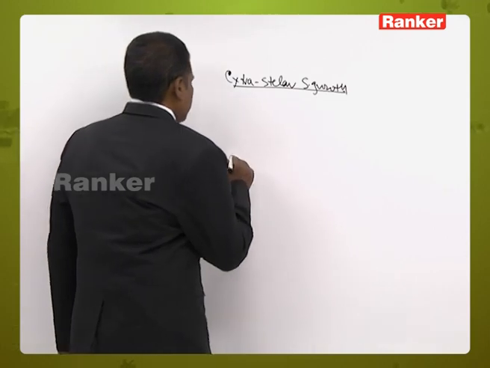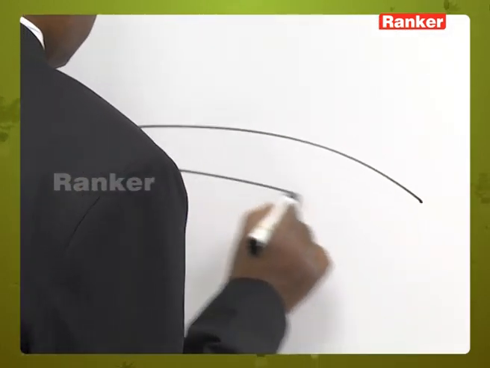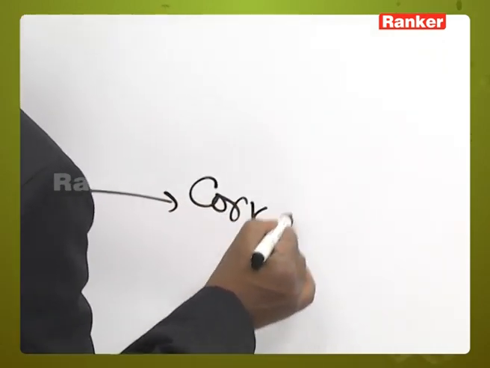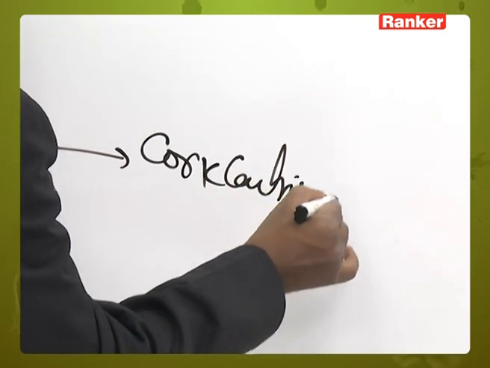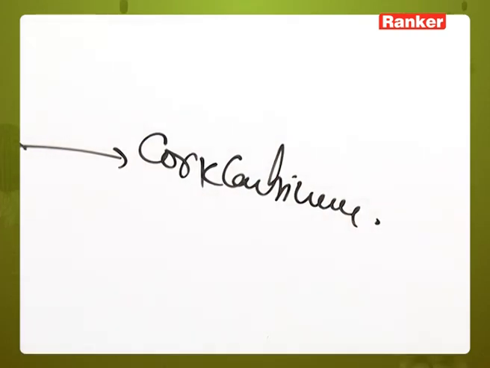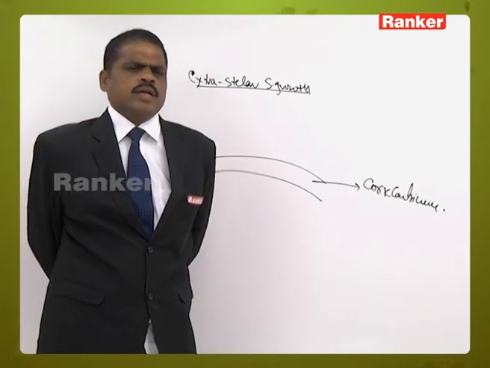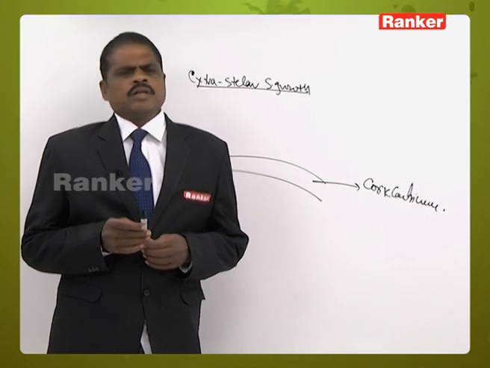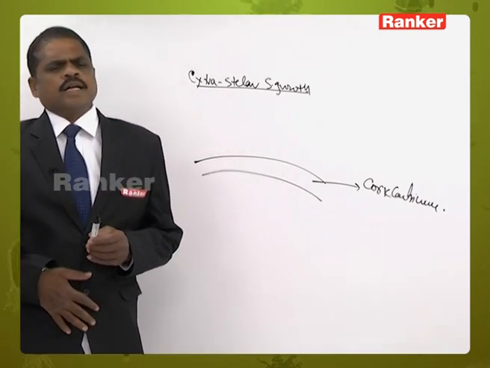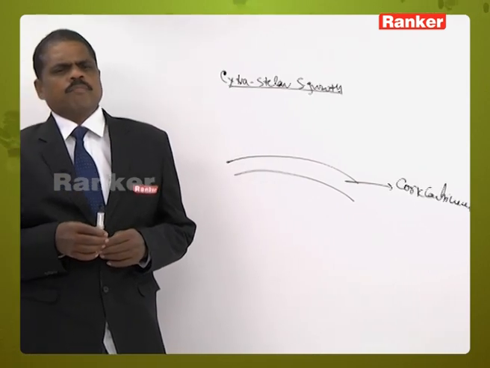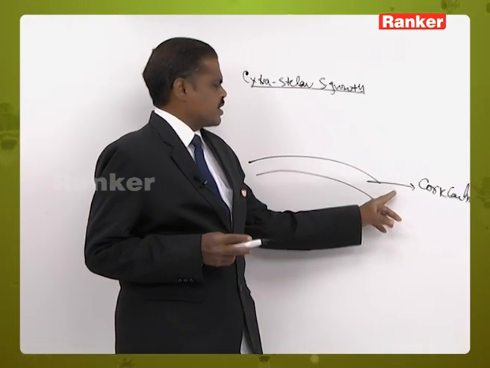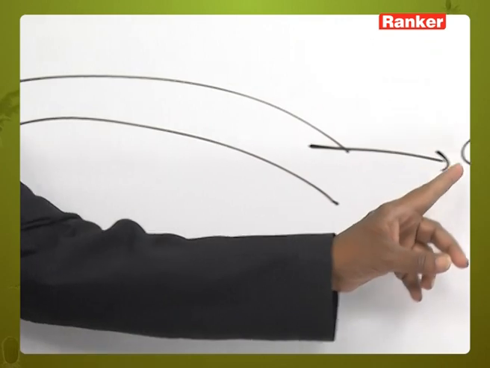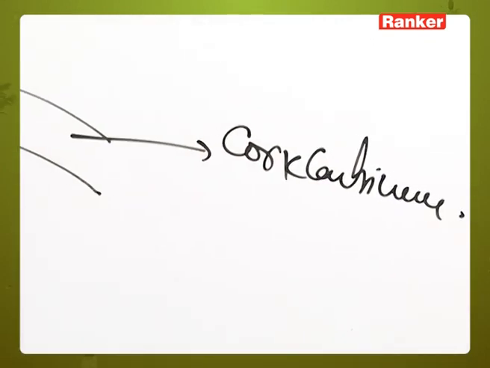The cambium formed in the cortex region is called cork cambium. The vascular cambium promotes secondary growth inside the stele, and cork cambium promotes secondary growth outside the stele. Cork cambium formation occurs in the region of the cortex.